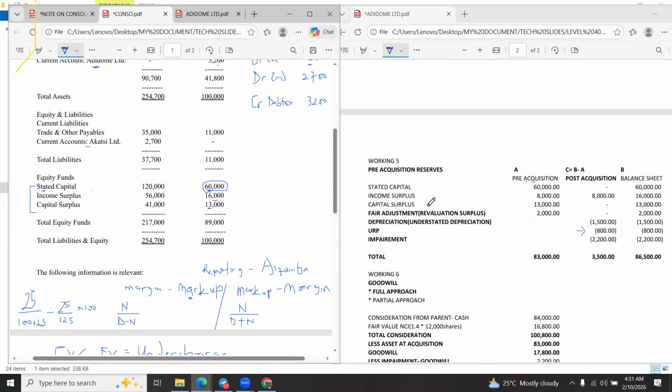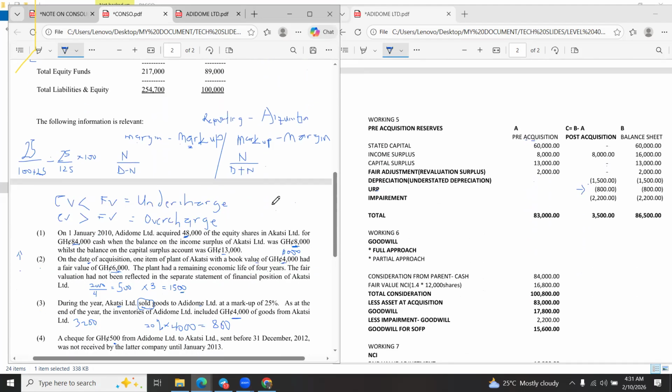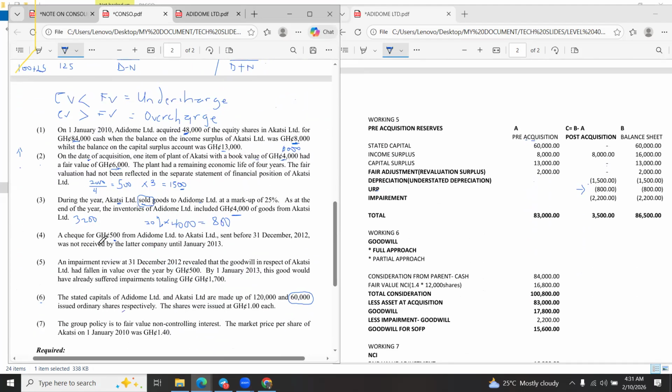Now, still on the footnote. So this 500 was just to mean that there is no intragroup transaction that must take place. So parting away with money to go and pay for a debt you owe, reverse the entry. You are not supposed to have paid for it, and then you are paying for it.